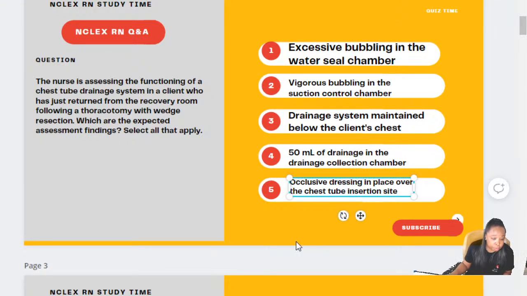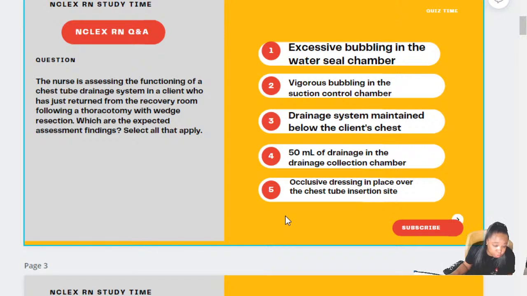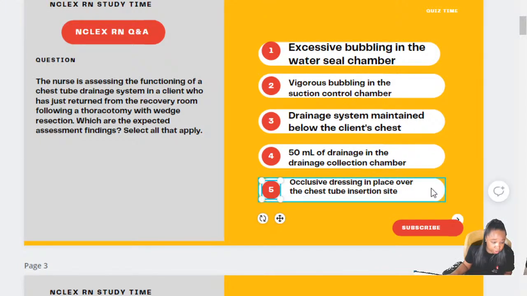Okay, the fifth one says occlusive dressing in place over the chest tube insertion. What if we add another one? Let's add another one.